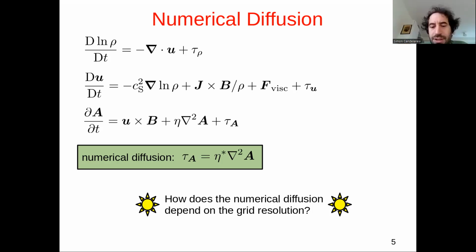You're making a good point that this numerical diffusion could in principle also be negative, because there's nothing that tells us that this eta star or whatever quantity we have here is positive. No, I think the numerical diffusion is what comes out of the diffusion operator, and that is squared, which means it's always positive.